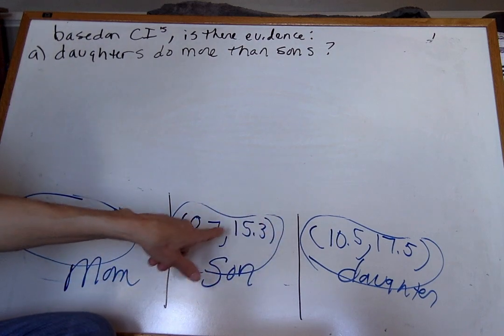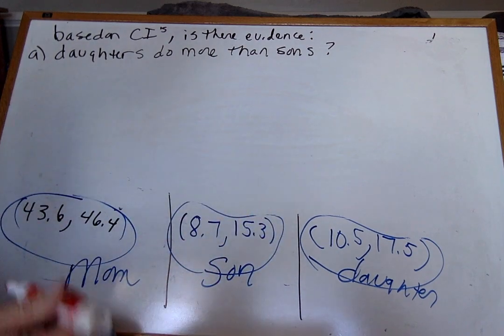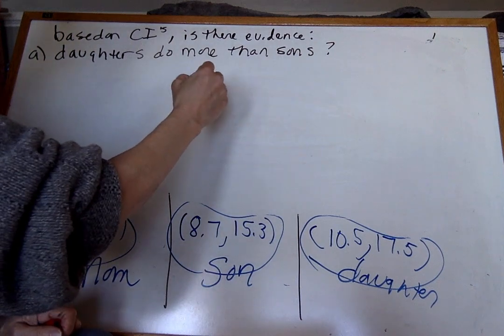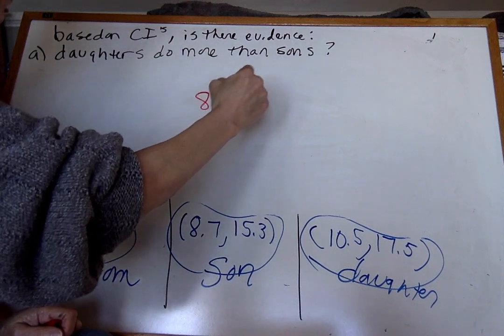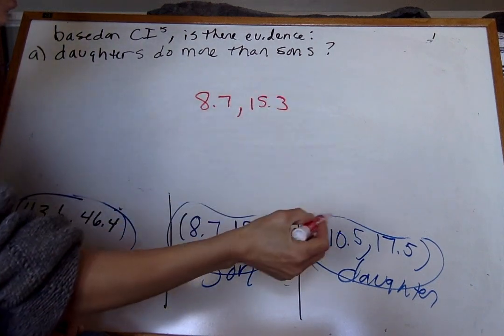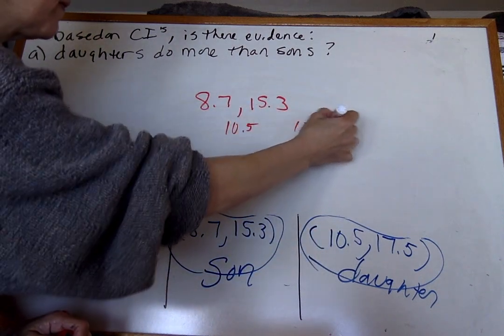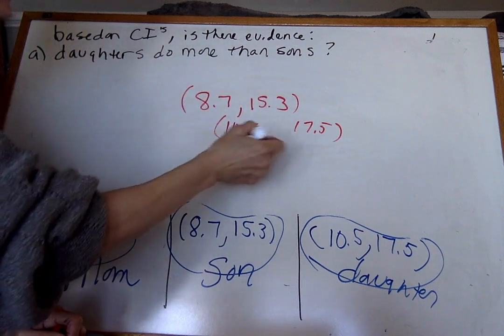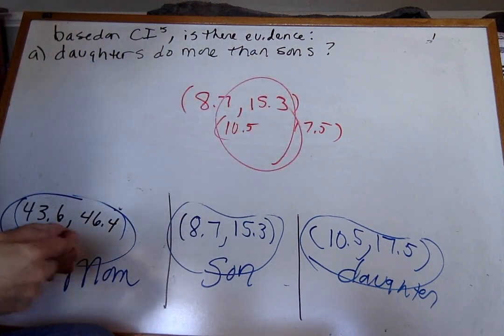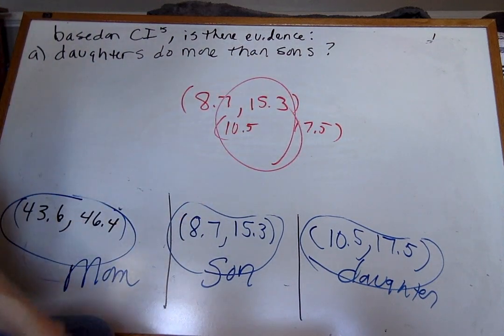If that confuses you, you could picture a number line. Sons is here, daughters is here, and see how they overlap in the middle. They share some of the same numbers.